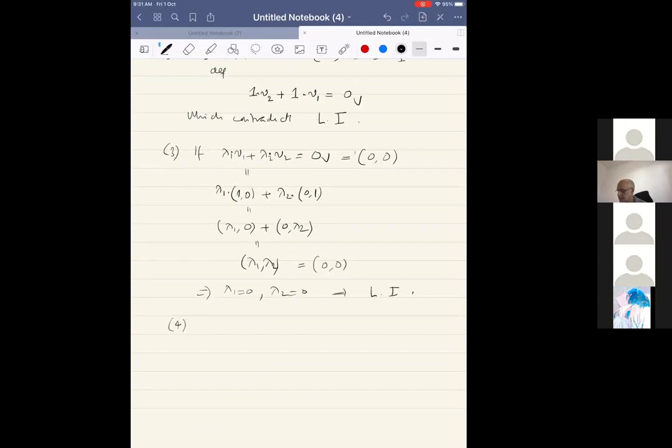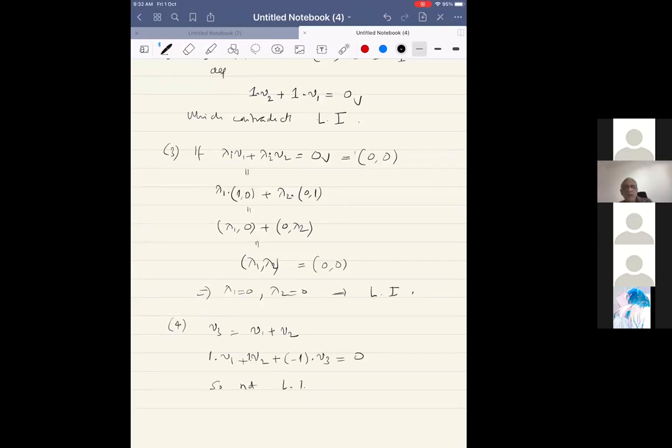In the case of 4, V3 is V1 plus V2, so 1 times V1 plus 1 times V2 plus -1 times V3 is 0, so it is not independent.